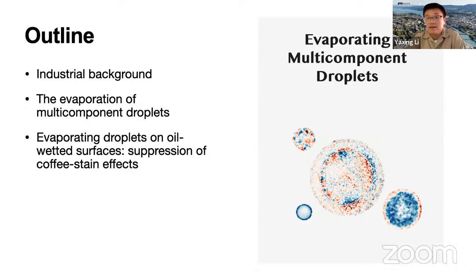And then in the last part, I would like to introduce a pretty robust method which we proposed to suppress the so-called coffee stain effect by evaporating droplets on an oil-wetted surface.